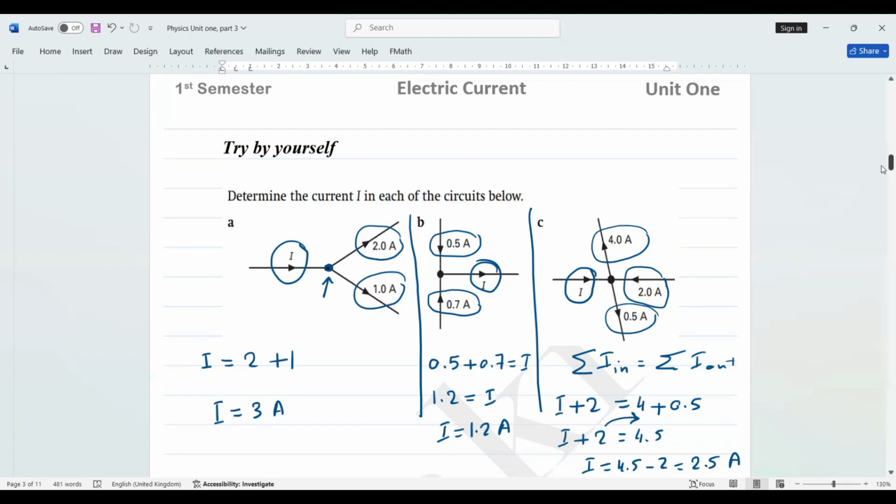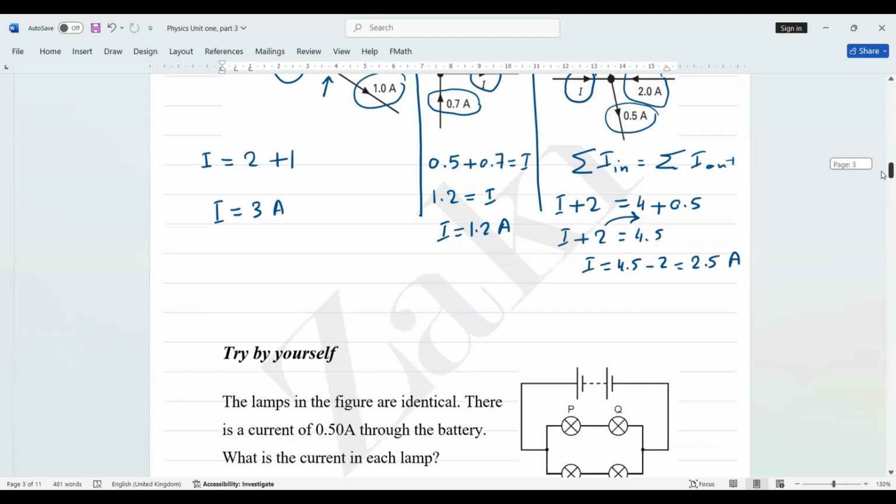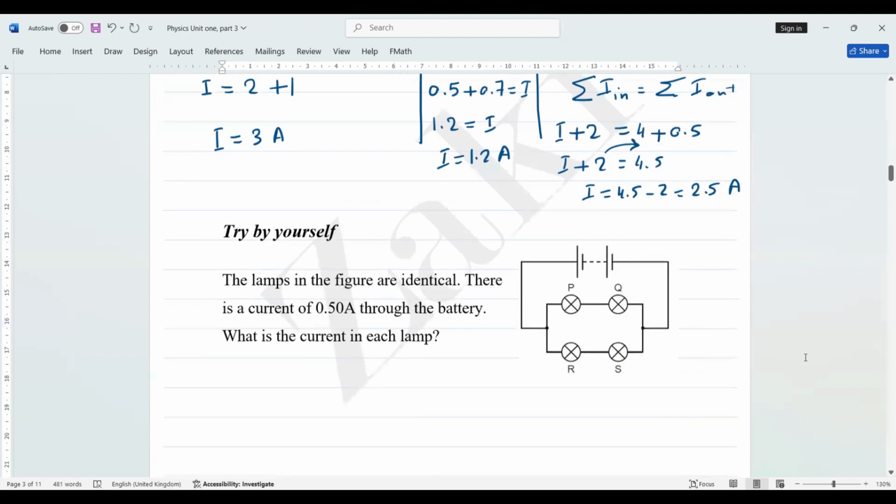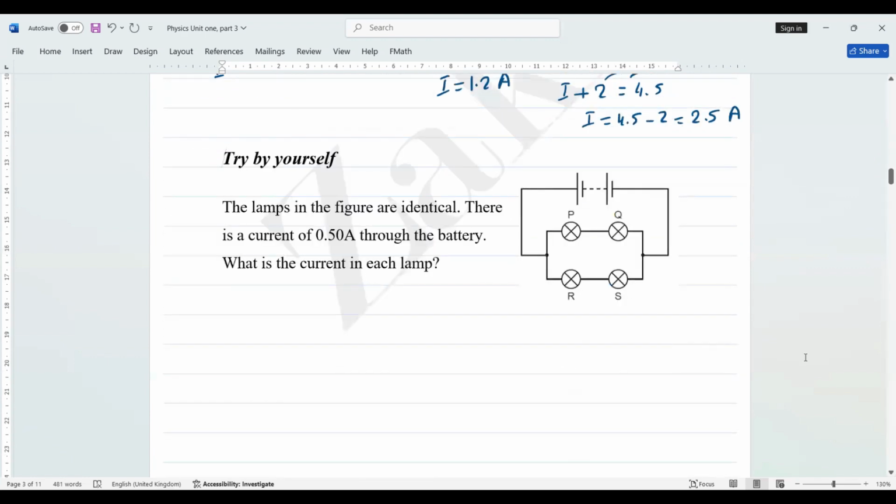Okay? Yes. Okay. Now, next. Now let us resolve this example. The lamps in the figure are identical. Identical means that they have the same resistance, the same voltage, the same current.